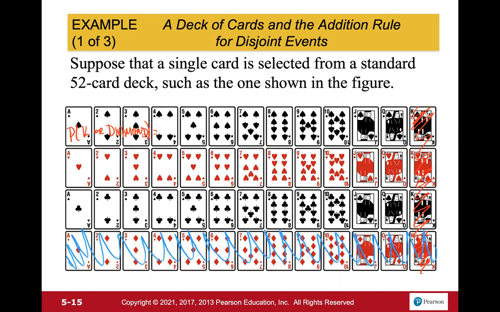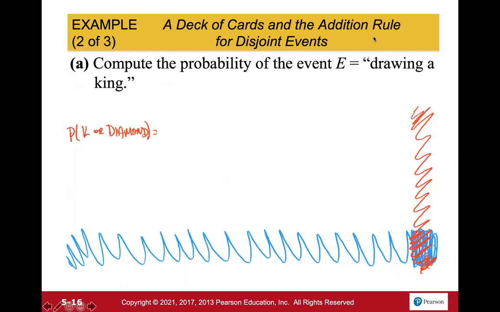So notice that over here, we have one card that falls into both categories. So both king and diamond. So because of that, we're counting it twice, and we shouldn't be counting it twice. So let's take this over to our page. So we have 4 kings, 13 diamonds, and 1 that overlaps.